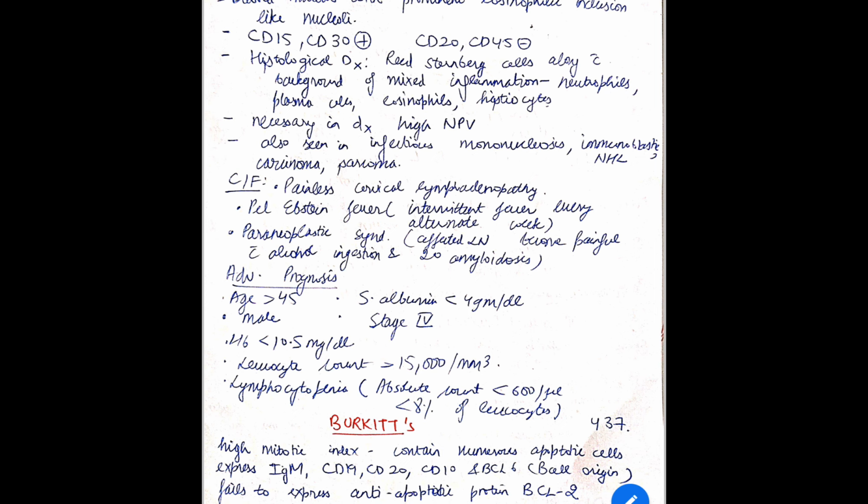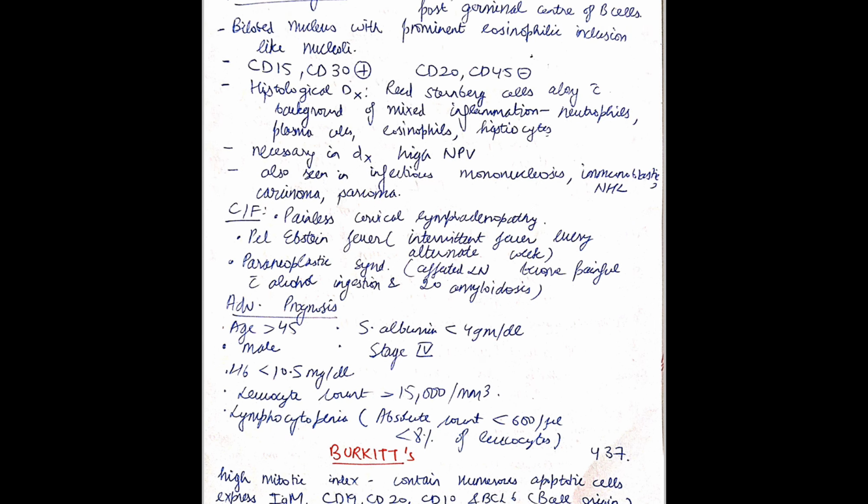Then adverse prognosis: age more than 45, male, serum albumin less than 4, stage 4, hemoglobin less than 10.5, leukocyte count more than 15,000 per mm cube, and lymphocytopenia, absolute count less than 600 per microliter, and less than 8% of the leukocytes.